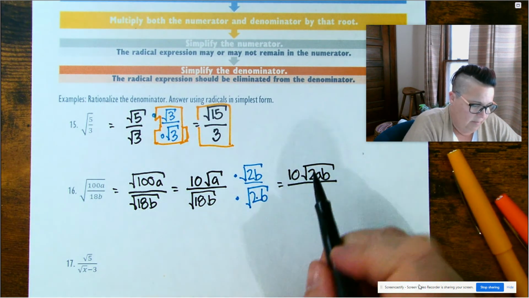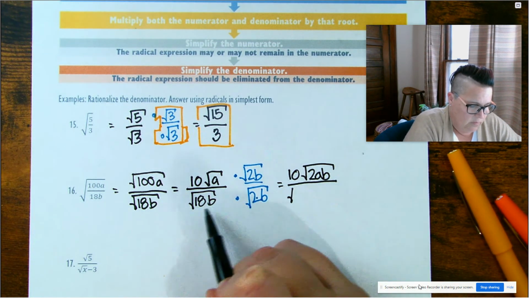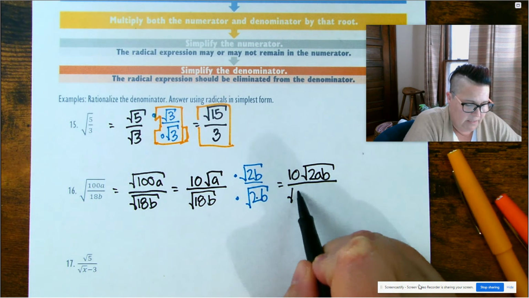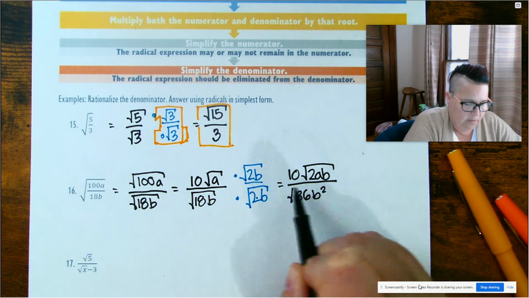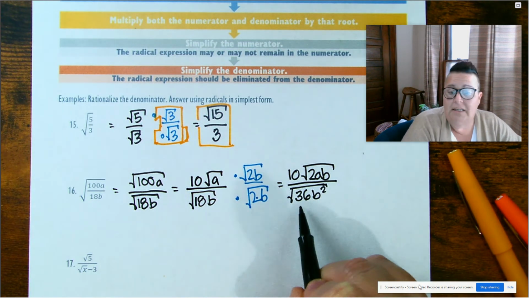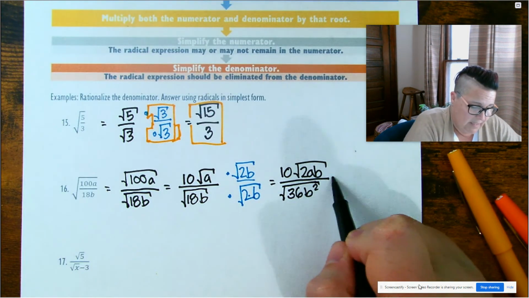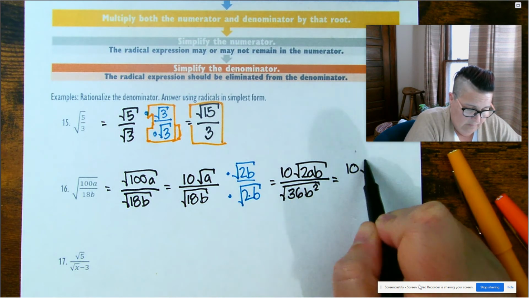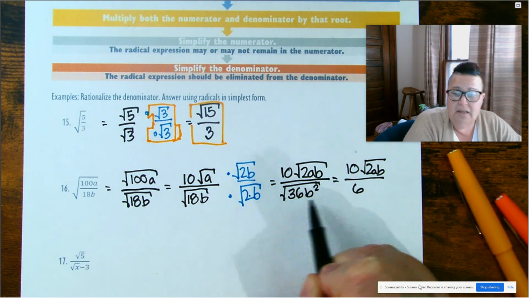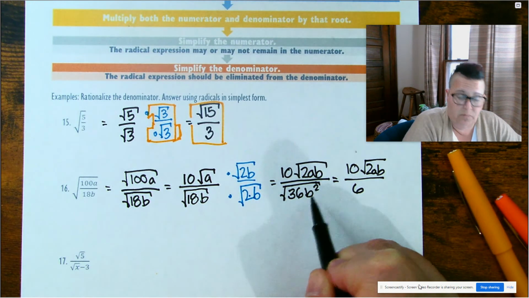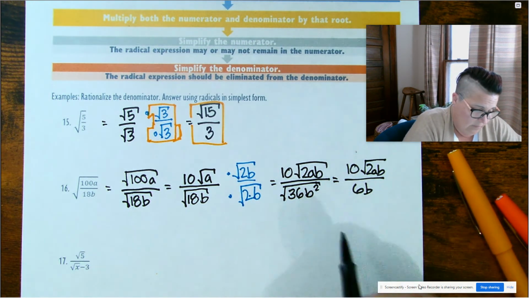And then in the denominator, I will have the square root of 2 times 18, which is 36, and b times b is b squared. I can simplify the square root of 36. That's 6. And I can simplify the square root of b squared. That's b.